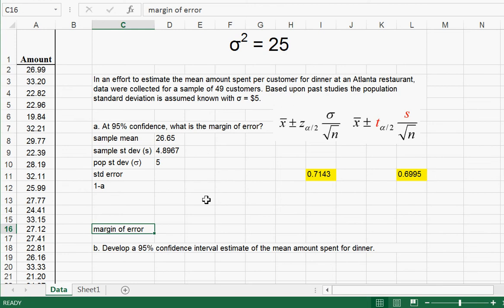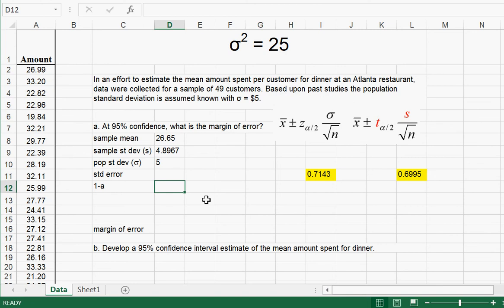What do we do on Tuesday when I wrote 1 minus alpha? Anybody remember? If you remember, raise your hand. Ethan? 1 minus alpha is the confidence level.